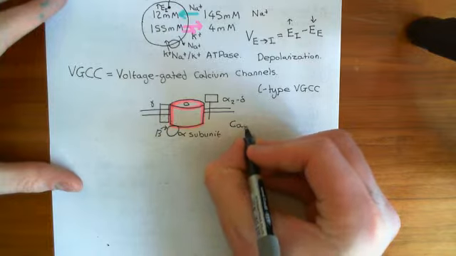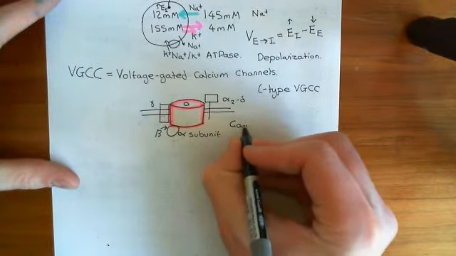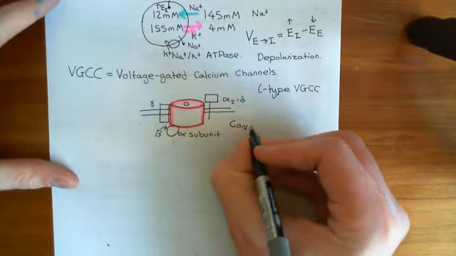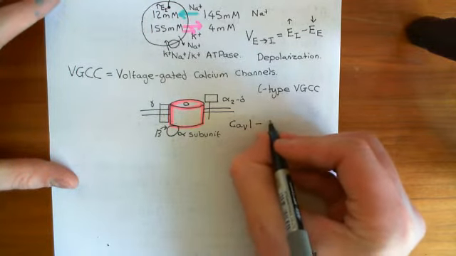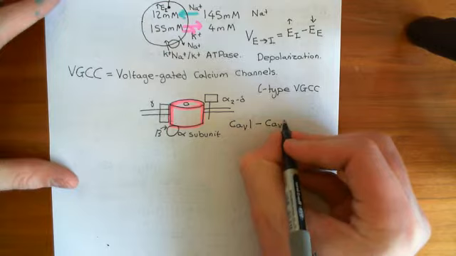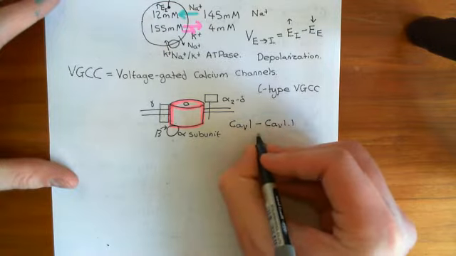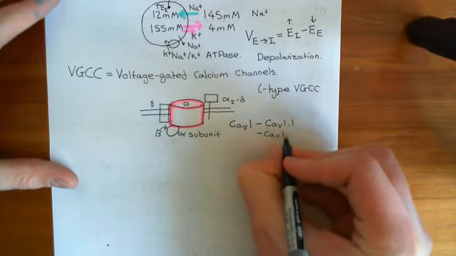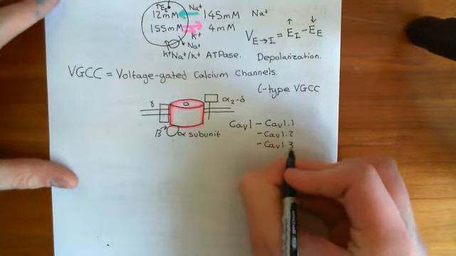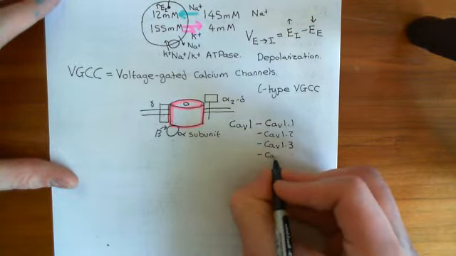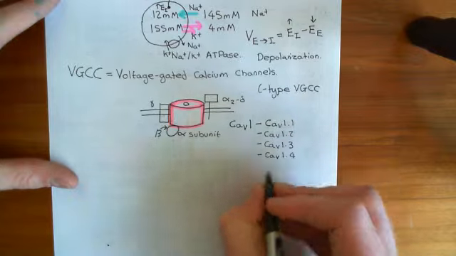There is the CaV, which stands for voltage-gated, that's the V, and then calcium channel, and then there's the CaV1 family, which has 4 members within it: CaV1.1, CaV1.2, CaV1.3, and again it's got a beautiful naming system, and then finally CaV1.4.